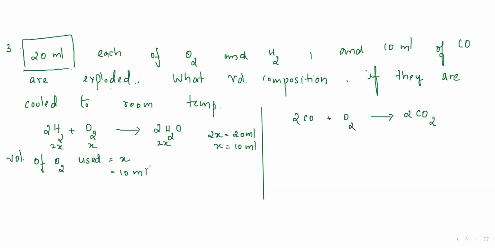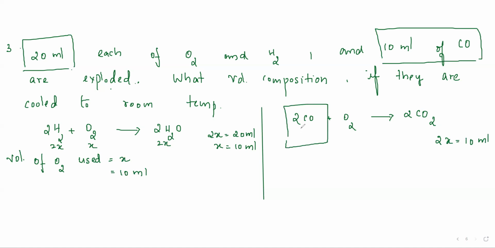Then moving on again, 10 ml of carbon monoxide was also taken. So in the second half, 2x is 10 ml because 10 ml of carbon monoxide is taken. So x therefore is 5 ml. Volume of oxygen consumed in the second half is just 5 ml.